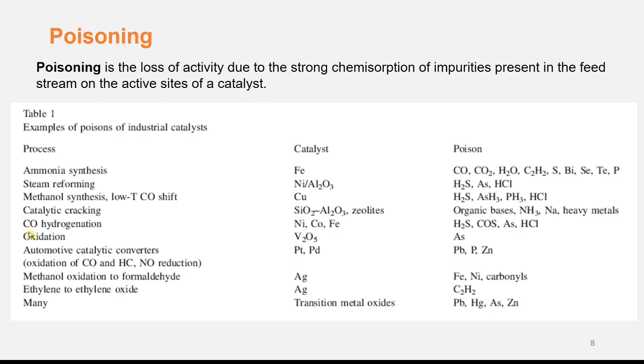Here we have two different processes using the same catalyst, and here they have different poisons depending on the process. Finally, there are many processes that use transition metal oxides as catalyst, and they are poisoned by lead, mercury, arsenic, and zinc.